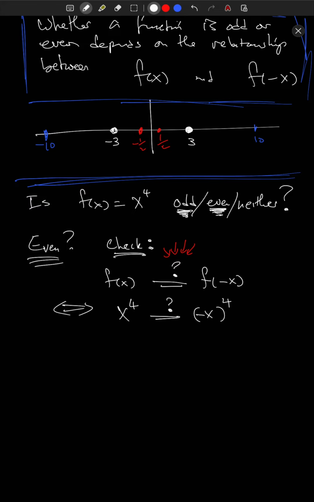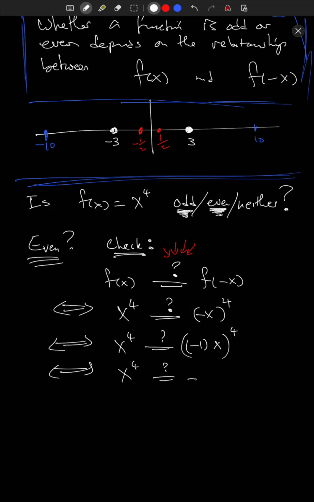The right-hand side simplifies very well. We have x to the fourth. Is this equal to, well, minus 1... I'm going to write it in a few steps just to emphasize what's going on. This is minus 1 times x, to the fourth, right? That's what minus x means. And this is x to the fourth.